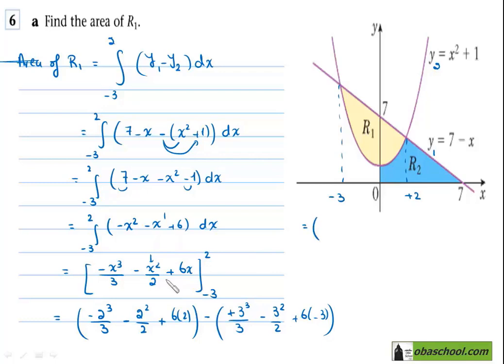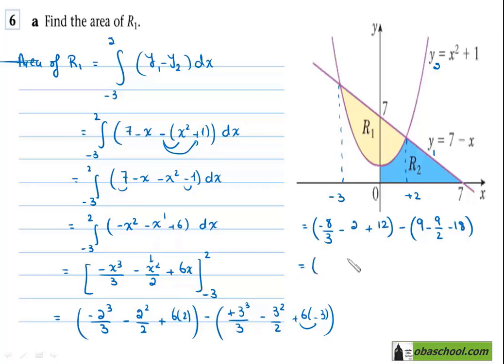Minus 2 cubed over 3 is minus 8 over 3. Minus 2 squared over 2 is 4 divided by 2, so 2, plus 6 times 2 is 12. Minus. Now for the second part. 3 cubed over 3 is 9. Minus 3 squared over 2 is 9 over 2. Plus 6 times minus 3 is minus 18.